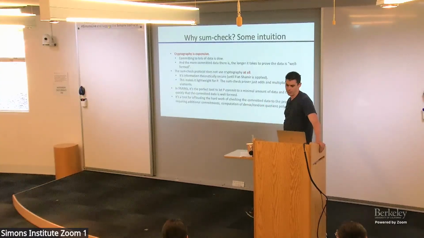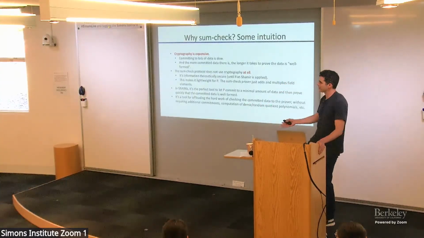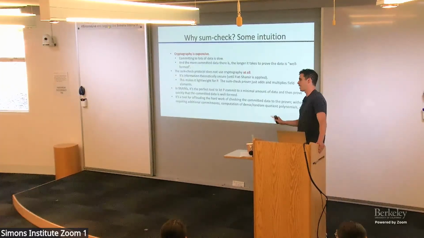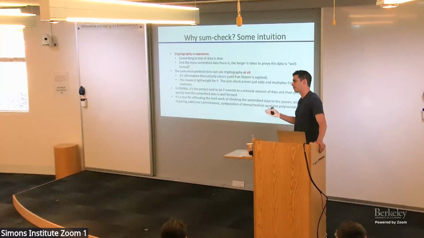But the deal is, if you commit to less data, it will certainly be faster to commit to, and if you go about it in a smart way, you'll also be faster at proving the committed data is well-formed. So you kind of win on both ends. You don't really have to get too in the weeds of how hashing compares to field operations, even though ultimately if you're building these things, you should get into those weeds.